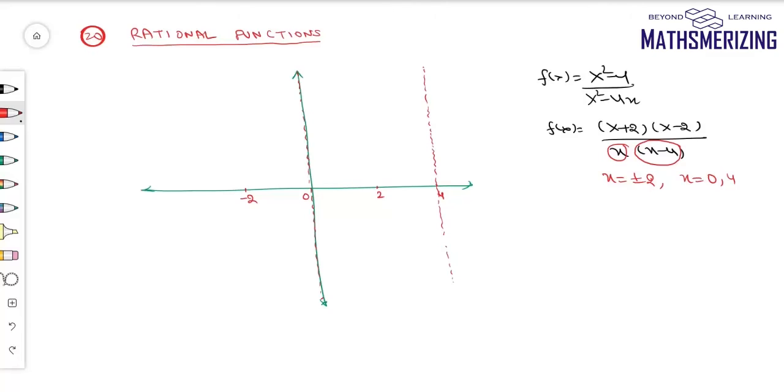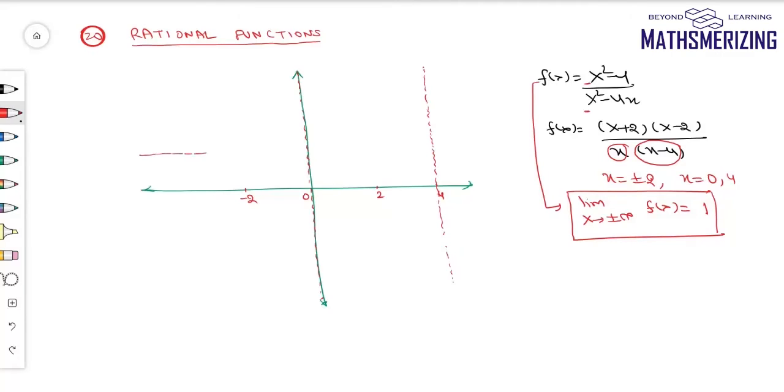If you have studied limits, if I take the limit of f(x) as x tends to plus or minus infinity, I'll get the value of this limit as 1. So this graph will also have a horizontal asymptote at y equals 1, and I'll draw a horizontal line at y equals 1.